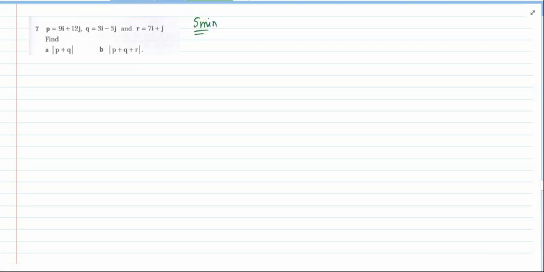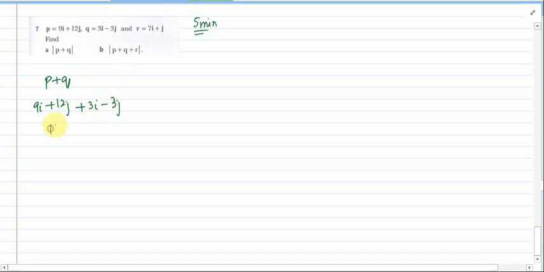Alright, for the first one we need to find P plus Q. So P plus Q, it's very simple, 9i plus 12j plus Q, which is 3i minus 3j. 9 plus 3 is 12i, and 12 minus 3 is 9j. That is the vector P plus Q. Now we need to find the magnitude.